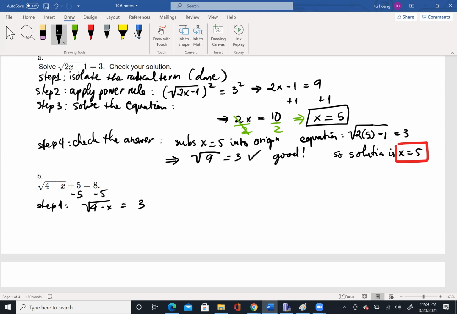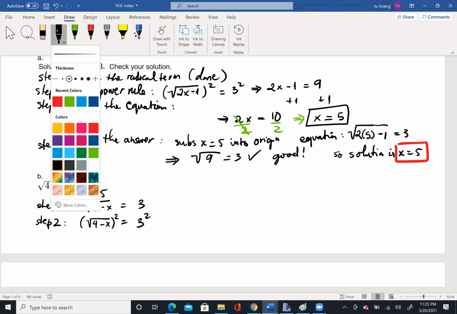So now what I'm going to do is move to step 2. Apply the power rule in here. So I'm going to square both sides. Why do I square both sides? Because we have a square root for this radical. So I need to square both sides.